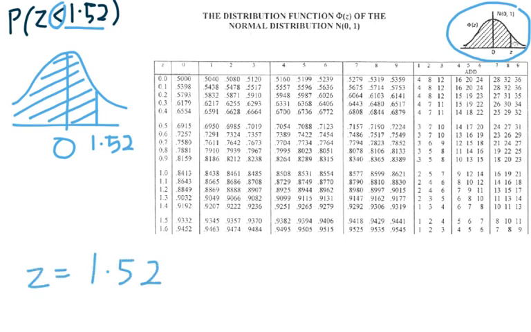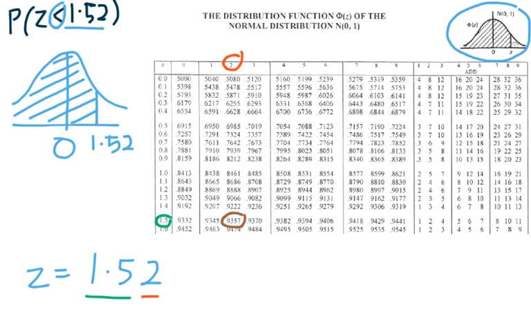Okay, so again, for the Z value which is 1.52, the first decimal, which is 1.5, look on the first column. So 1.5 on the first column is here. And the second decimal, which is 2, look on the first row. So 2 on the first row is here. The intersection value between 1.5 and 2 is this value here.